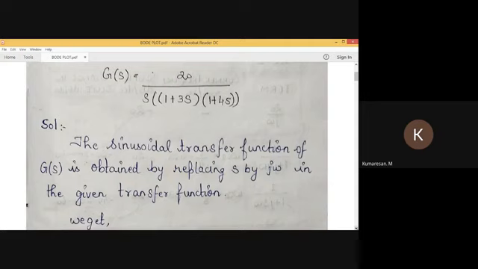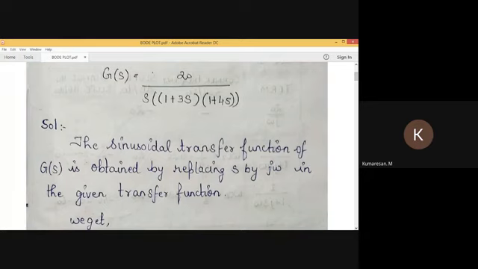The normal transfer function in the frequency domain, now we change into the sinusoidal system. Sinusoidal means having both real and imaginary parts, so it is called J omega. So yes, we have to replace it by J omega.